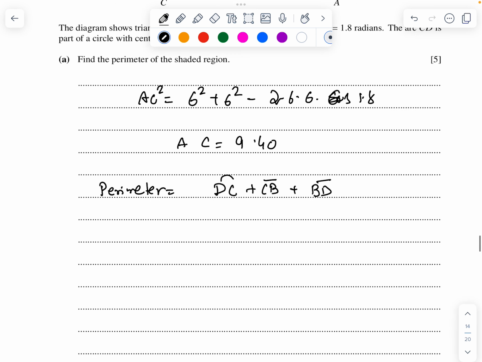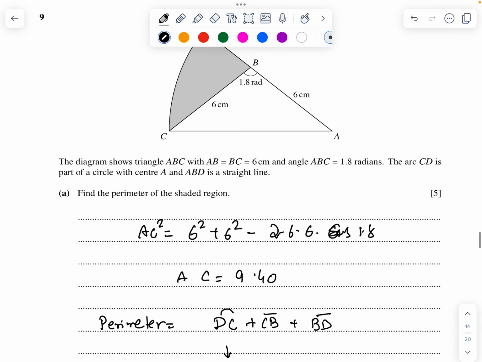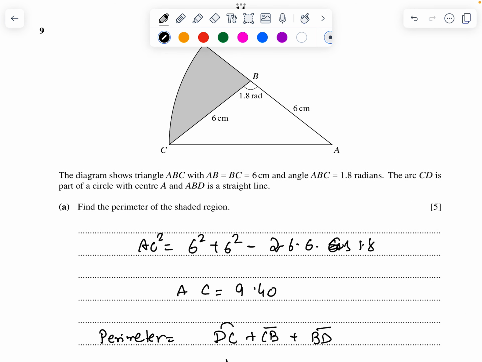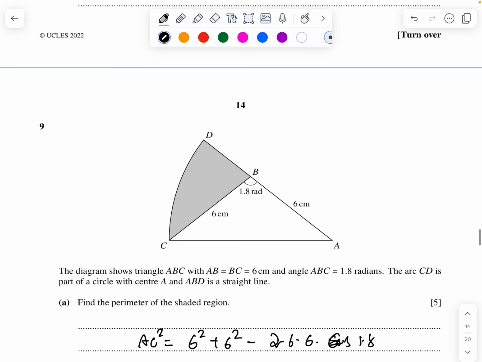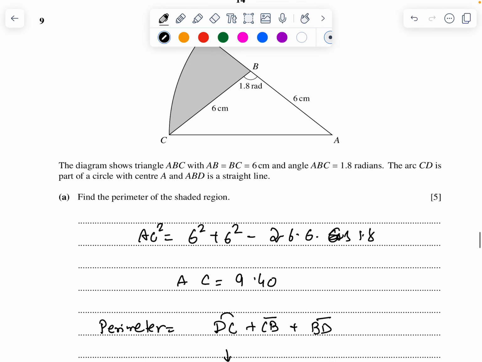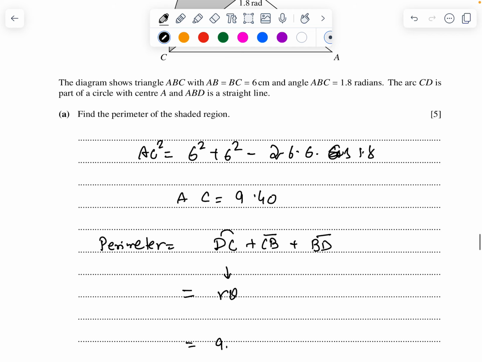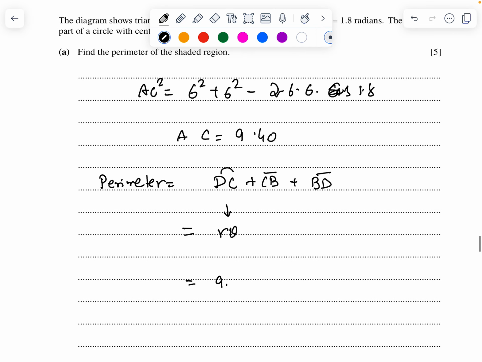Now arc DC is going to be r theta. Our radius is going to be 9.4. The question is asking perimeter of the shaded region, which is arc DC plus DB plus CB. r theta, r we got as 9.4 times theta.